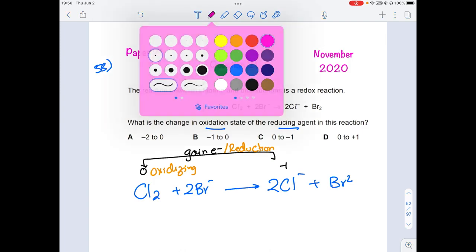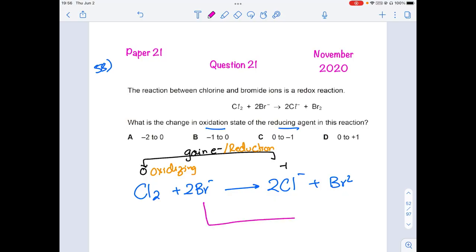So now what am I going to do? Bromide ion to bromine. We can see that Br minus became Br2. So what has happened? It is loss of electrons.